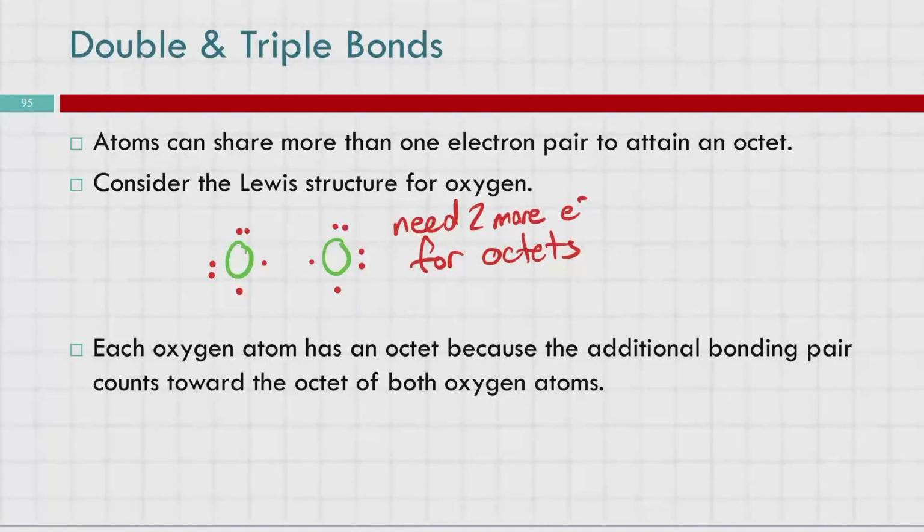And so what they can do is they can share 2 electrons. When they share the electrons, they count both octets. So the oxygen on the left essentially gained 2 electrons. The oxygen on the right essentially gained 2 electrons.